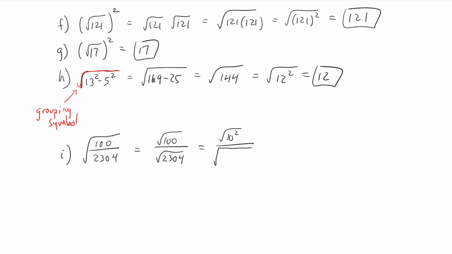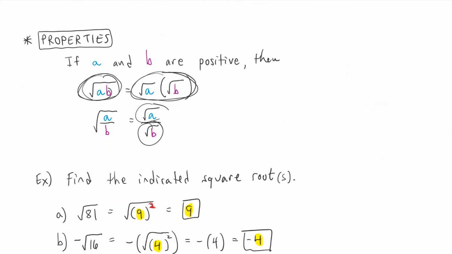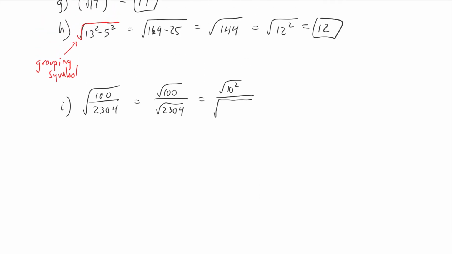Otherwise, notice that it ends in 4. It's even, so it's possible that some of the even perfect squares, like 4 or 64 or 36, would go into that without a remainder. It turns out that if you divide 2304 by 4, it's 4 times 576.